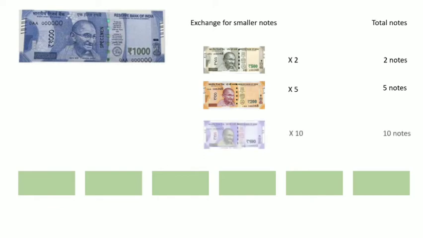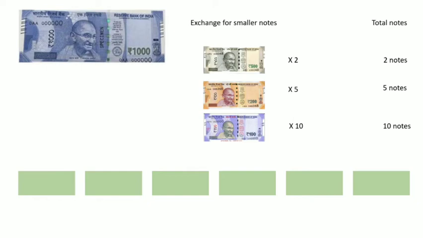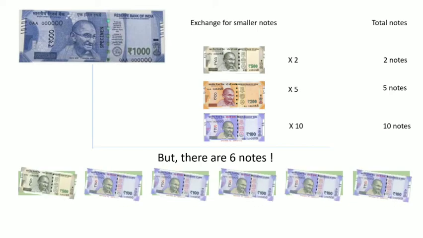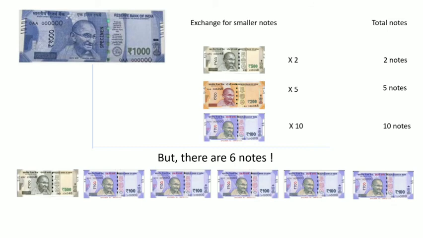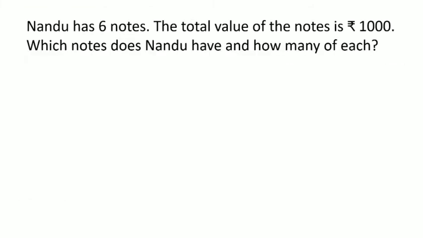So we will take exchange for smaller notes, that is 10 100 rupees notes. But here it will become 10 notes and we want only 6 notes. So we will take 5 100 rupees notes and 1 500 rupees note.